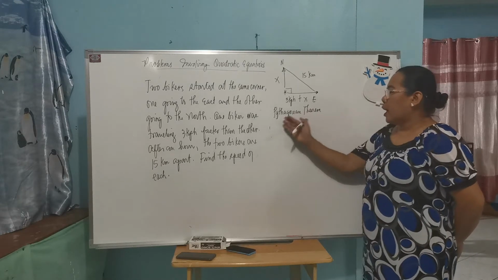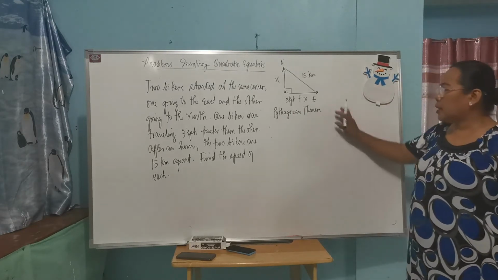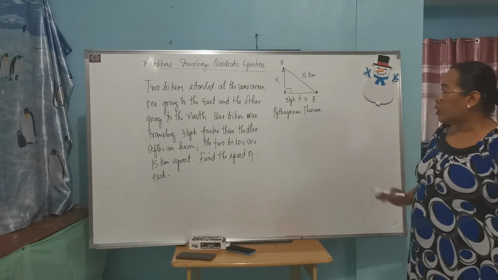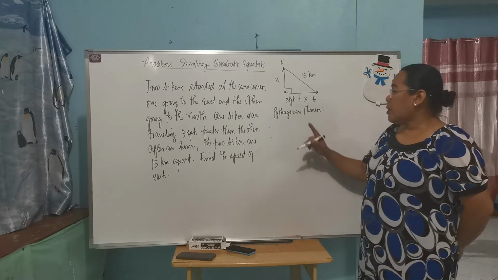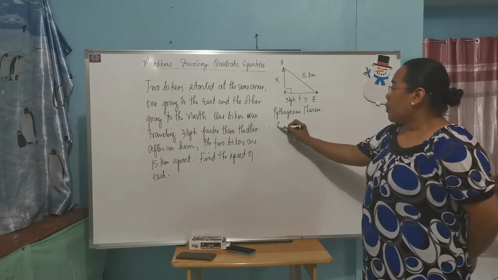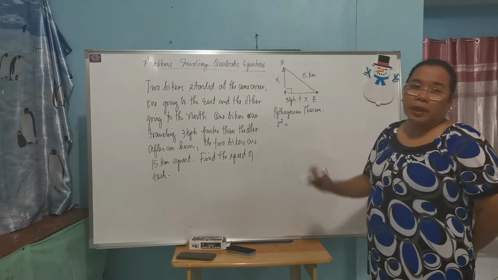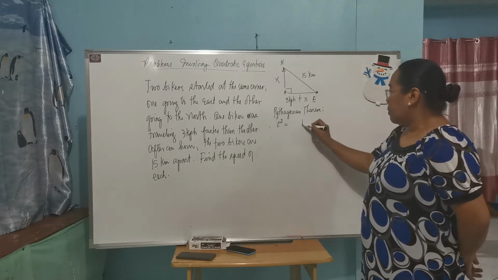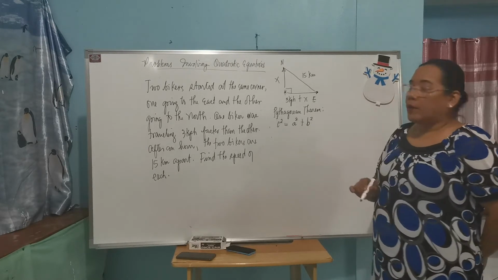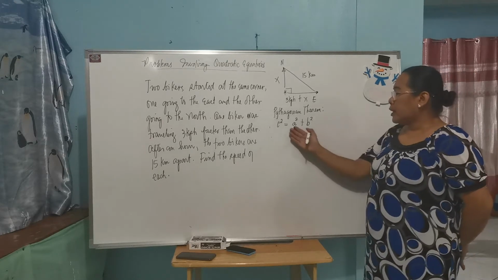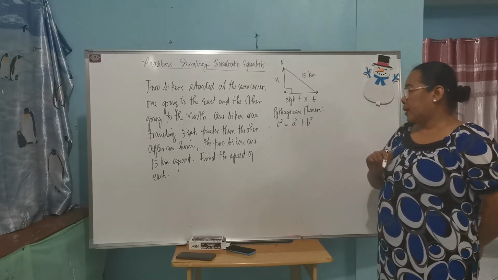This is attributed to Pythagoras and has something to do with right triangles. And what does the Pythagorean theorem tell us? In any right triangle, the square of the hypotenuse is equal to the sum of the squares of the legs of the right triangle, and the legs are the altitude and the base.